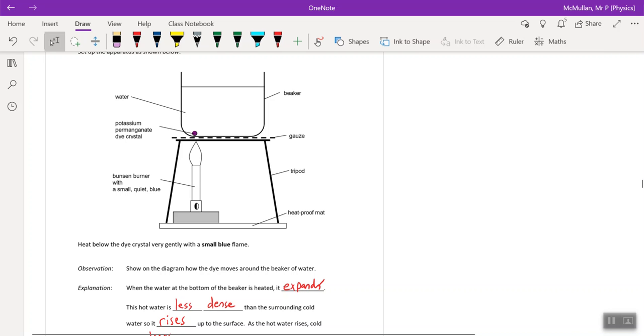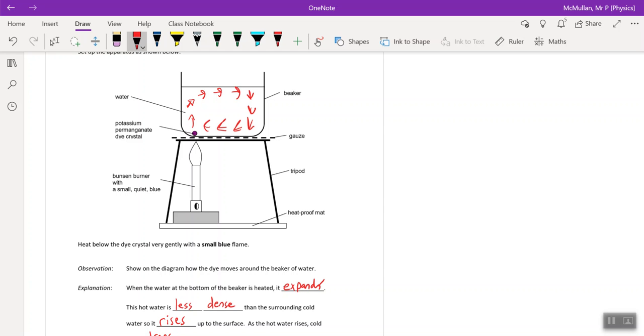When heated, this little purple chemical starts to expand and it moves through the water in a particular way. It will move round, leaving a purple trail as it goes.